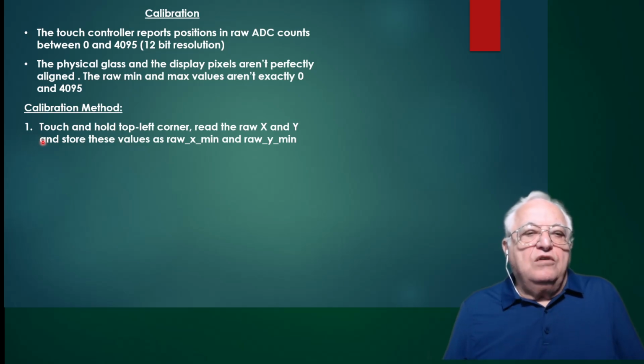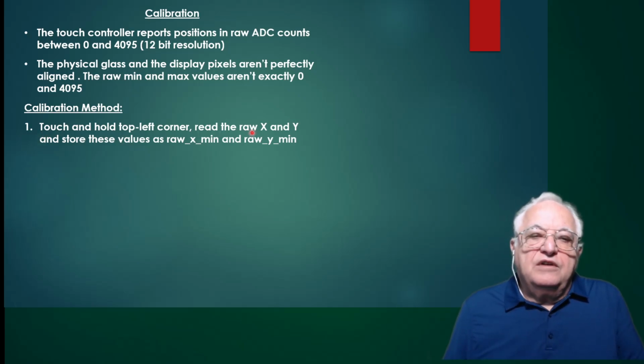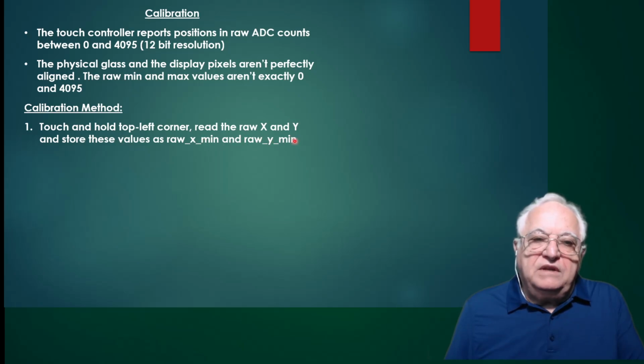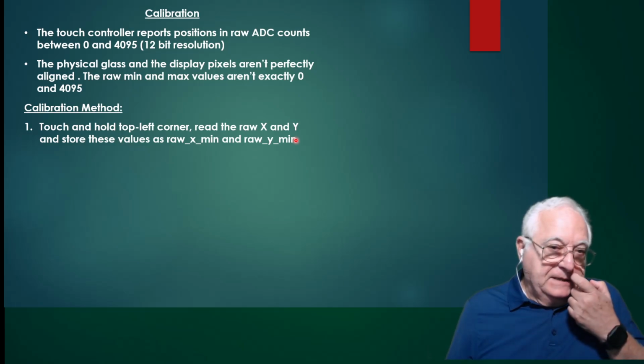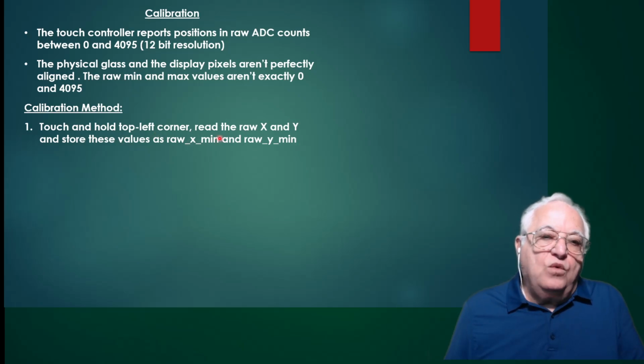So touch and hold the top left corner, read the X and Y, and store it in the raw X minimum and raw Y minimum. So basically what I'm saying is you go to the left corner where you would expect to get a 0, 0, and you see what the touch screen is telling you, what are the values of the touch screen at that point.